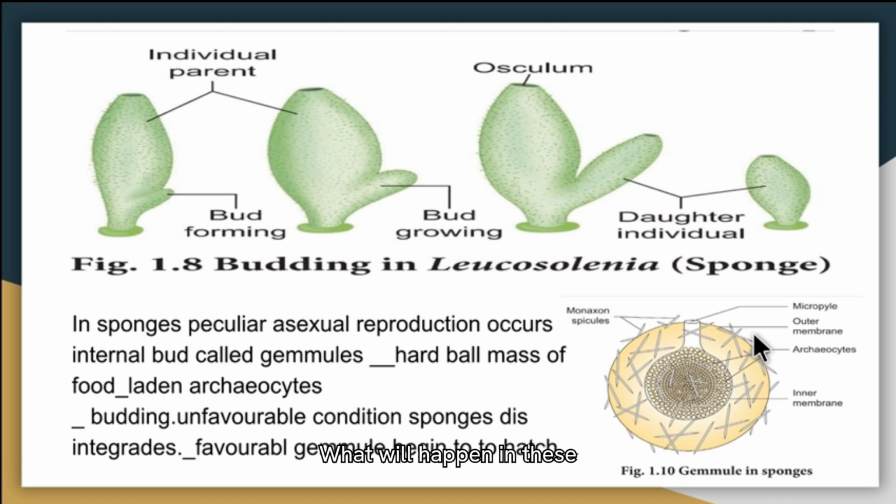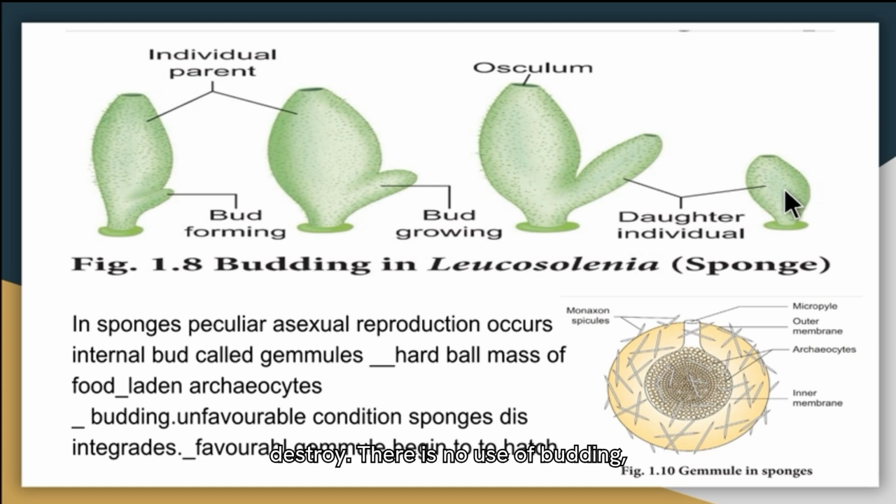What will happen in these sponges? In budding under unfavorable conditions, the sponges disintegrate. Suppose the sponges are going to bud. This is the younger one. But the condition is unfavorable. The climate is not good, so automatically it will be destroyed.